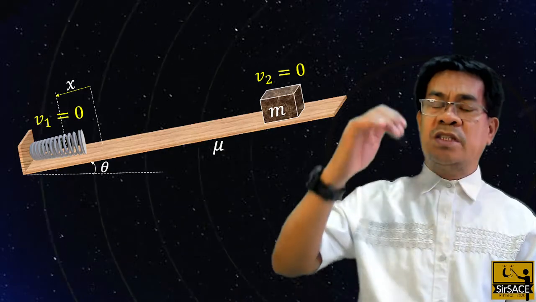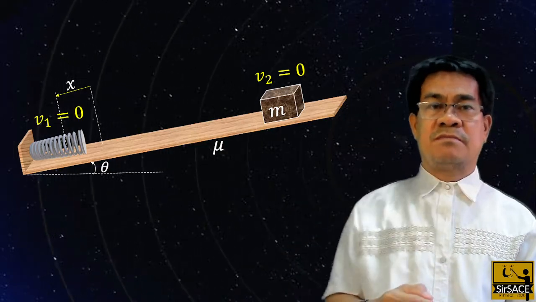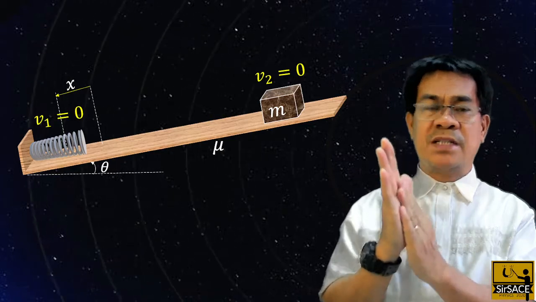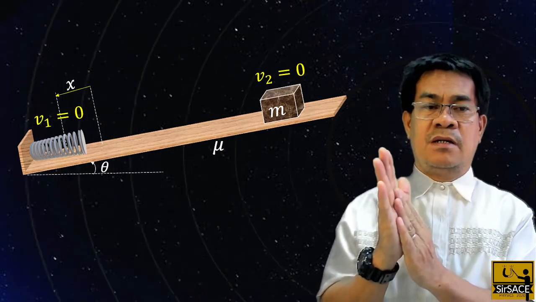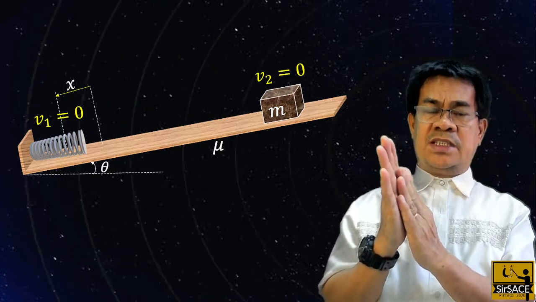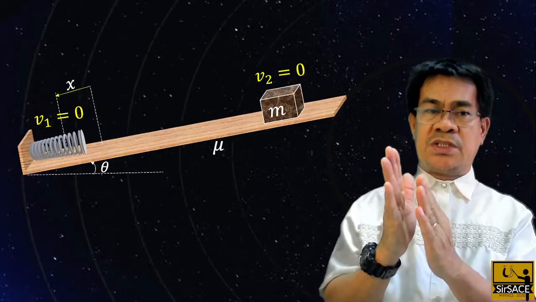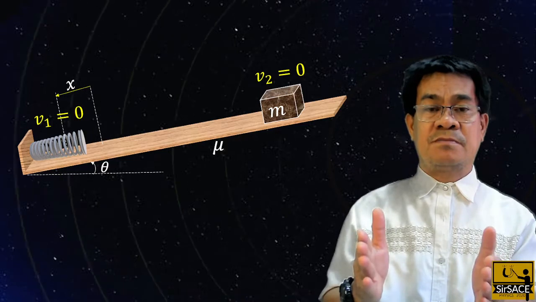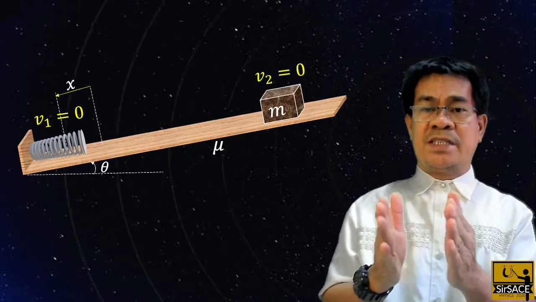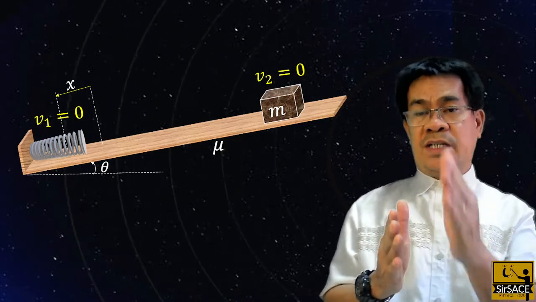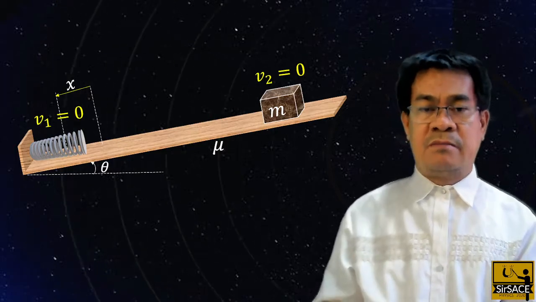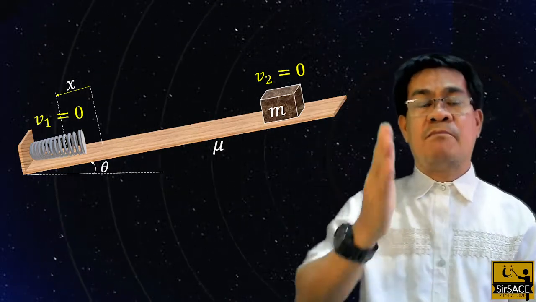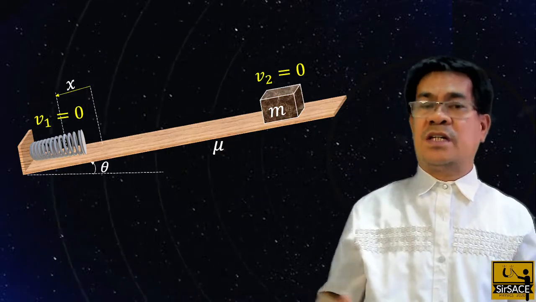Now take note, once you release the object, that is the point where the potential is maximum. Now as the stretch length reduces, the amount of energy is also reduced until zero, which means that if that particle passes through the stable position of the spring, meaning x is equal to zero, that will be the maximum speed of the particle that can be obtained.